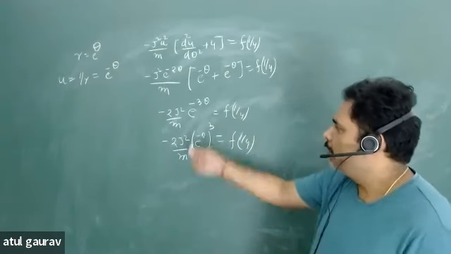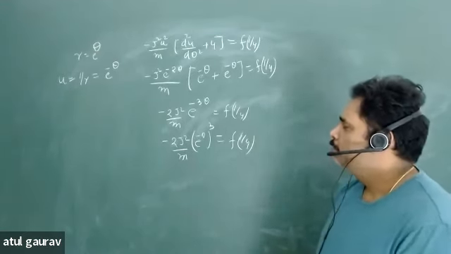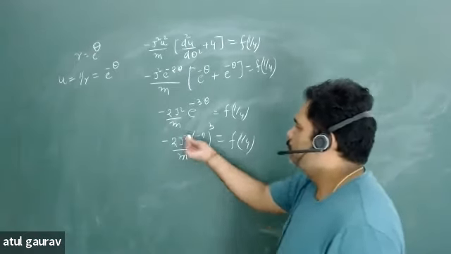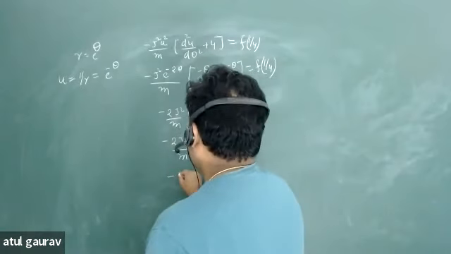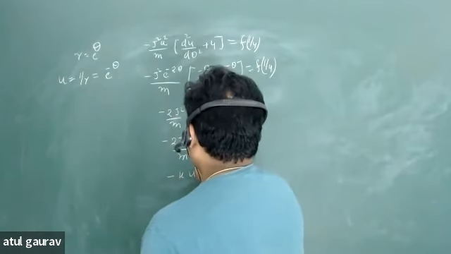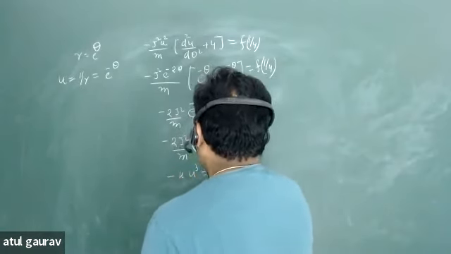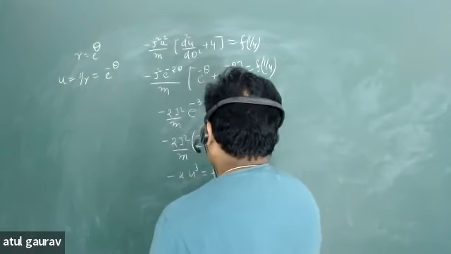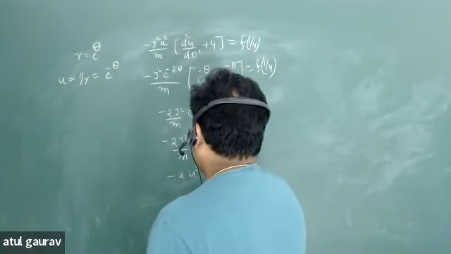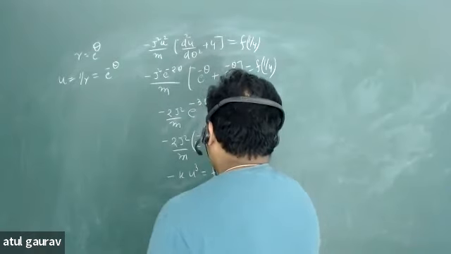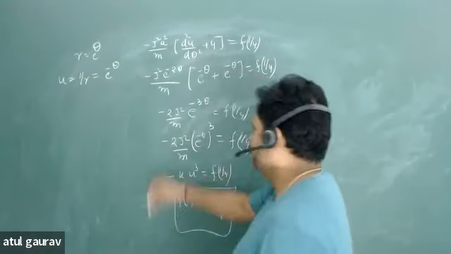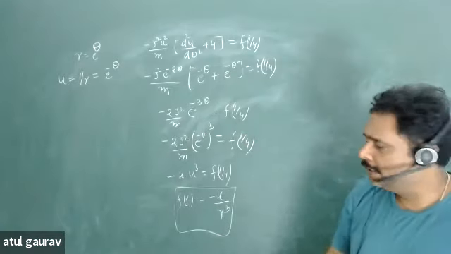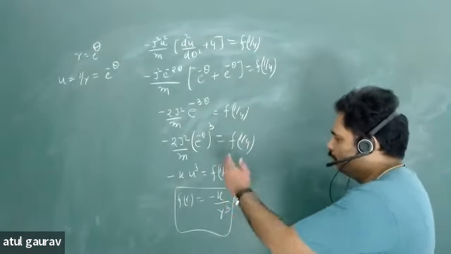Yes. And what is e to the power minus theta? u. You can put this whole thing is k. So I can put minus k u to the power cube is f of 1 by u, and you can write f of r is nothing but minus k r to the power cube, where k can be written as 2j square upon m, something like this. But this k is positive quantity.